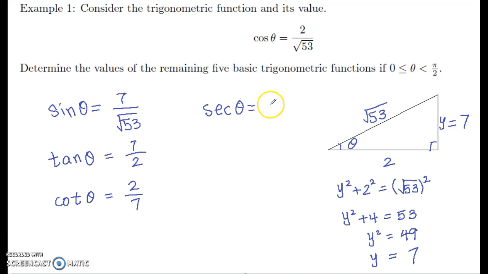So it's a reciprocal of cosine. So square root of 53 over 2. And cosecant of theta equals reciprocal of sine theta, so it is root 53 divided by 7.